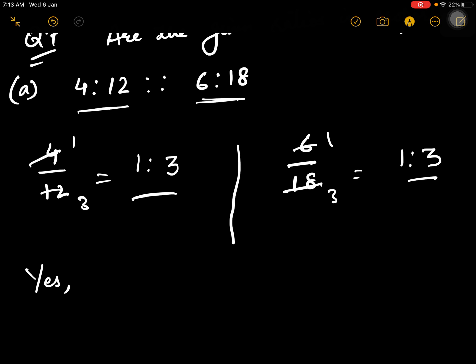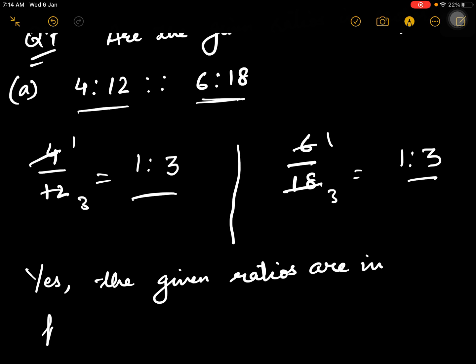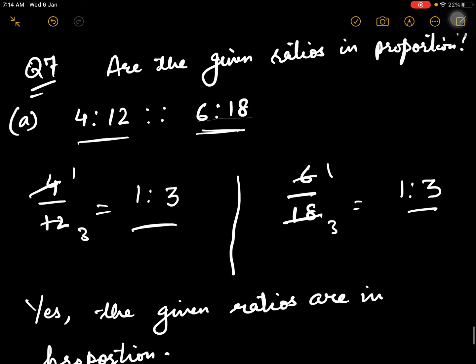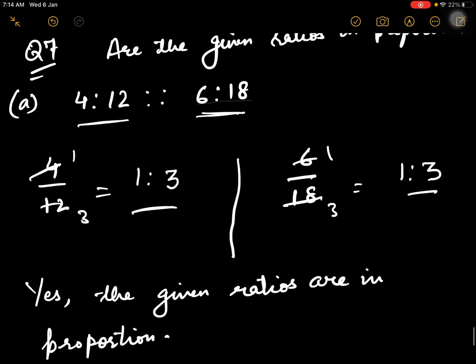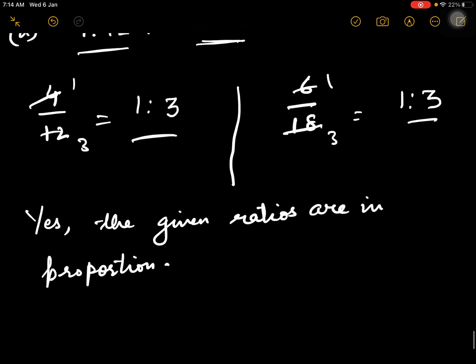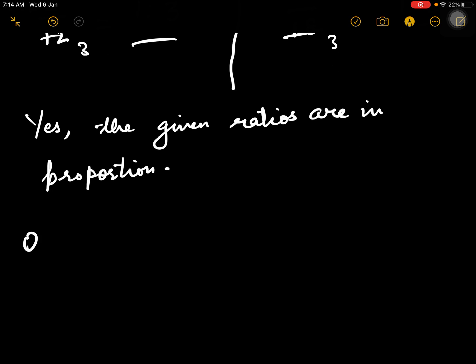So write it in a statement: yes, the given ratios are in proportion. Now you have to solve the rest of the parts of question number 7. It's very simple.